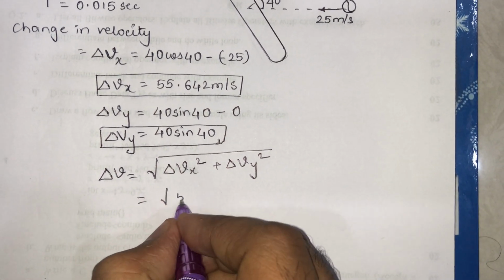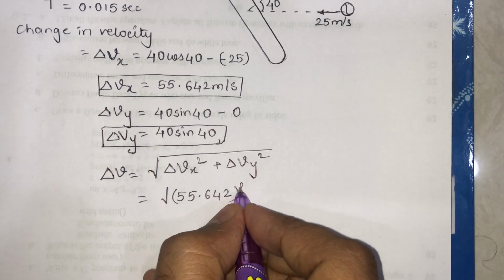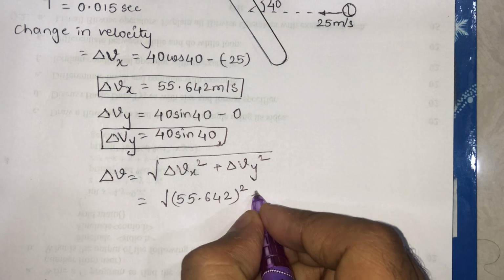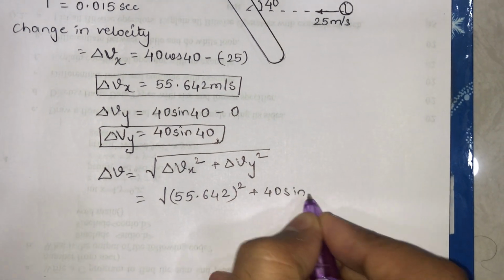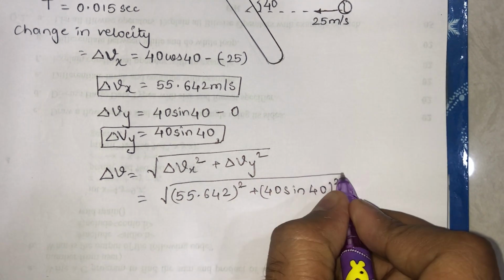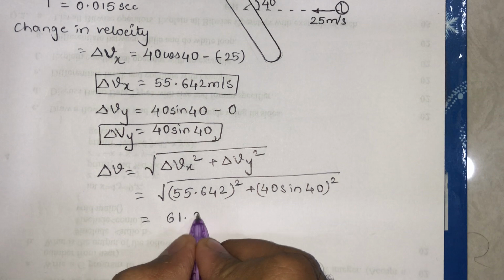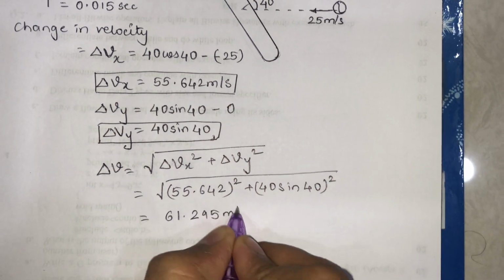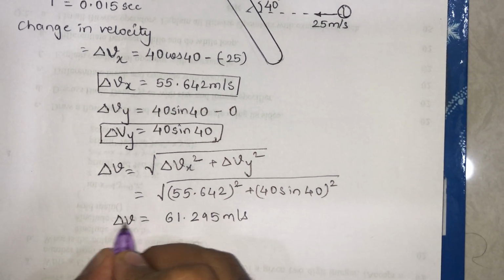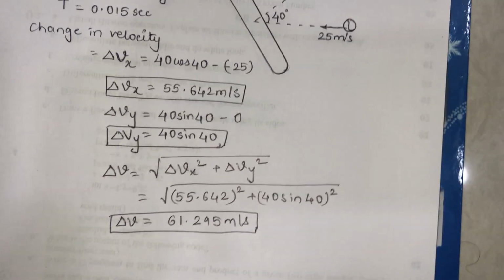If I substitute these values, 55.642 square and then 40 sine 40 square, and solve this, I'll get 61.295 meter per second. That is delta V.